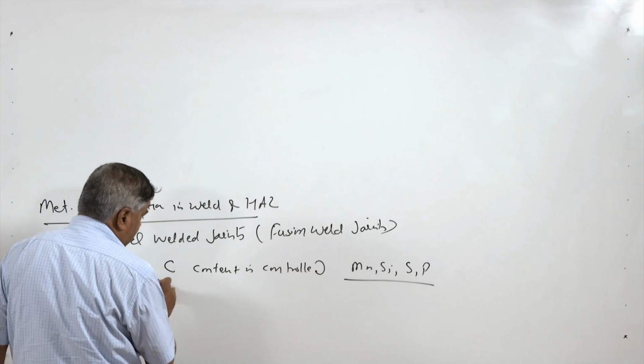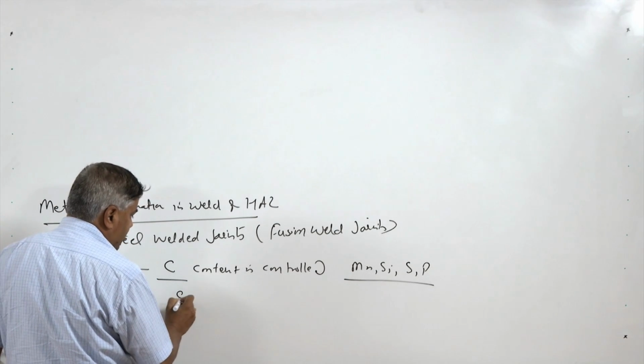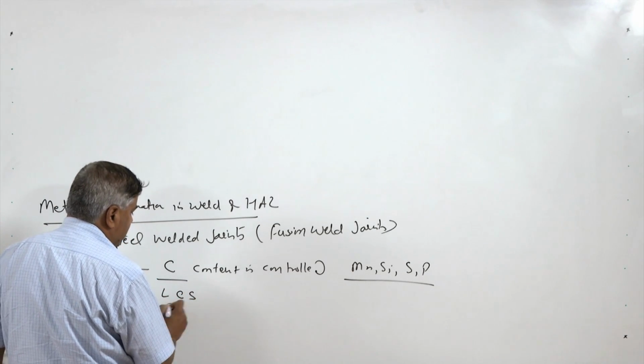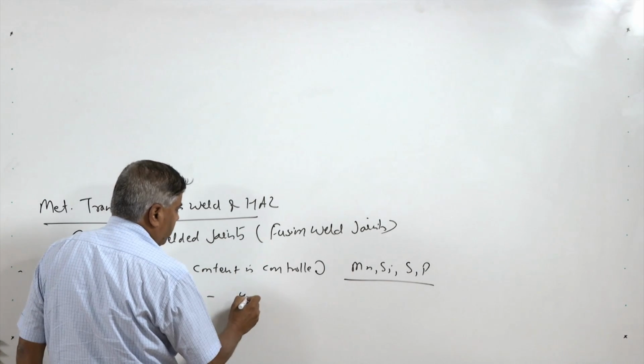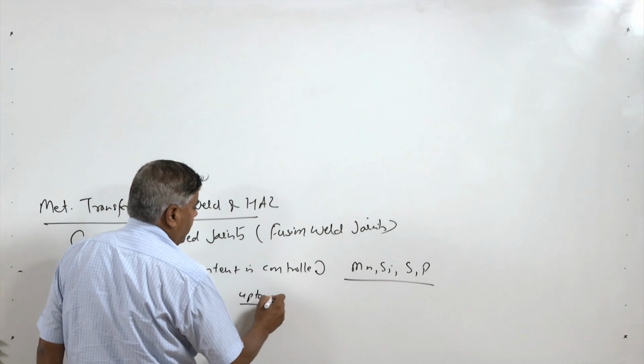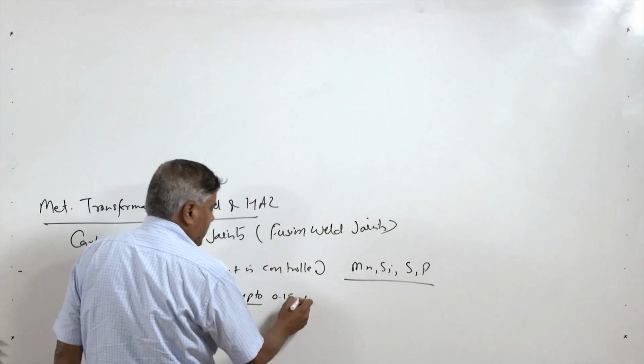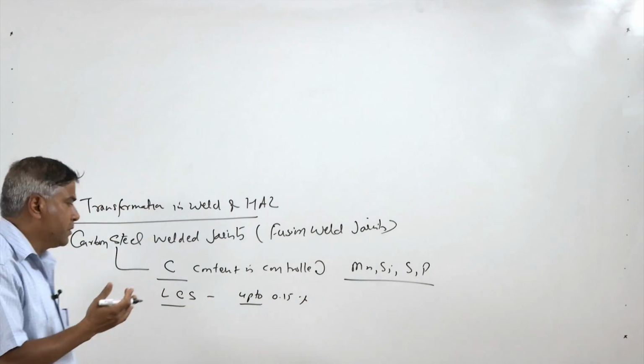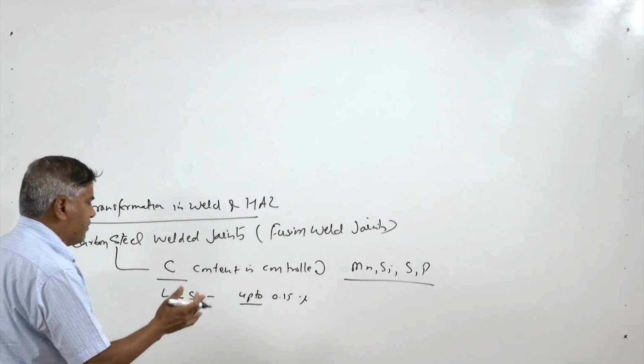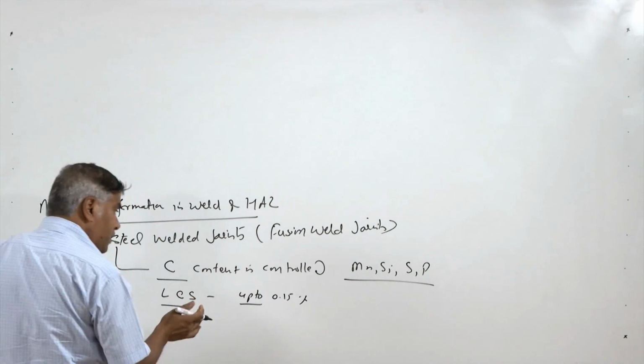So, based on the carbon content, these are categorized as low carbon steels, like say up to 0.15 percent. In some cases 0.25 is also used, also up to 0.2.